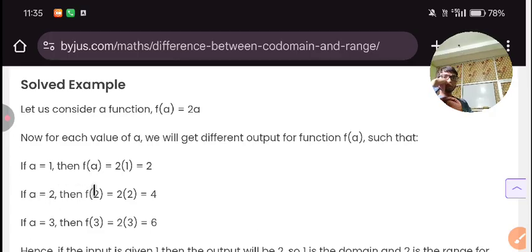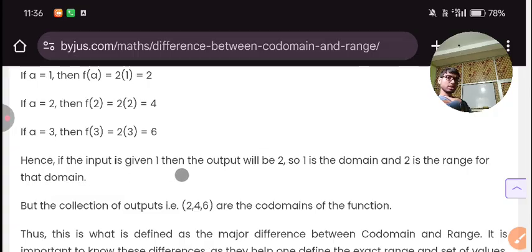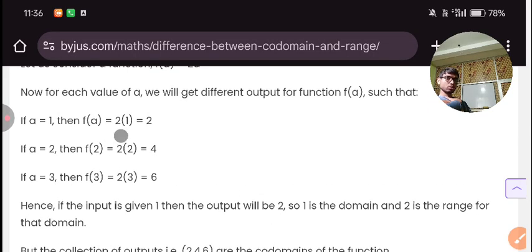Now we are saying if the function f(a) is equal to 2a, we will put this input in this and get this output. 2 multiplied by 1 is 2, so f(1) = 2. We just put this input in and get this much output. That is how a function works. Hence, if the input is 1, then the output will be 2. This is the input and this is the output.